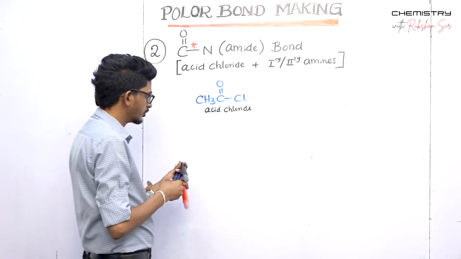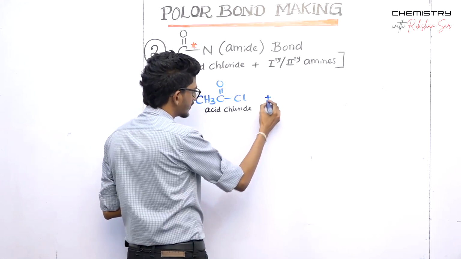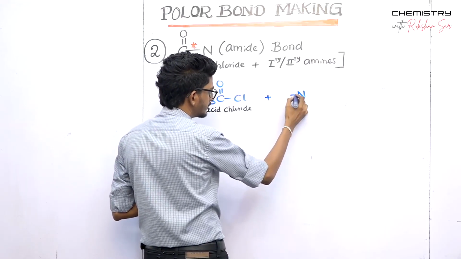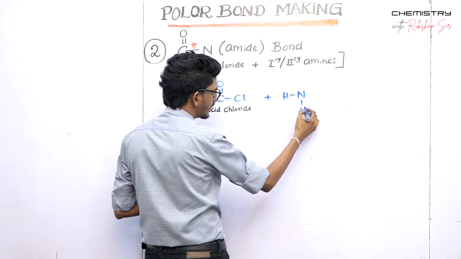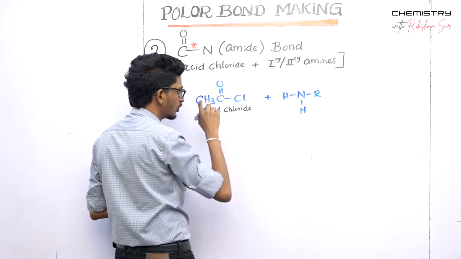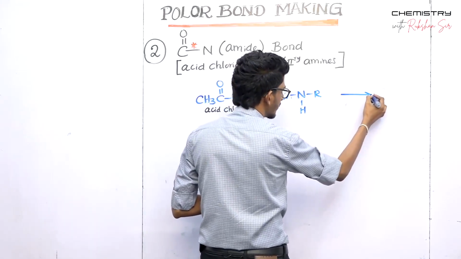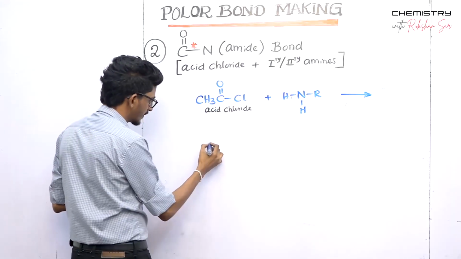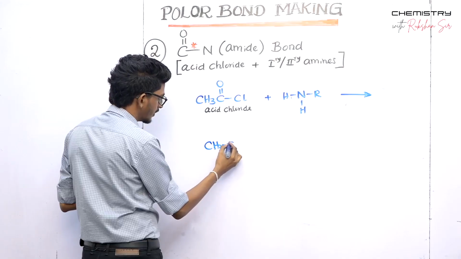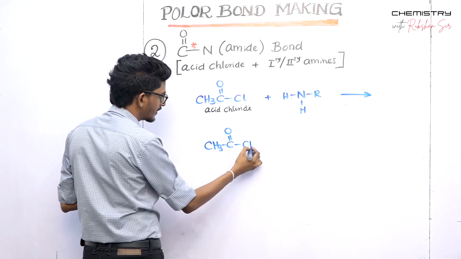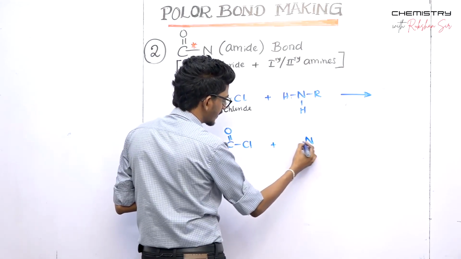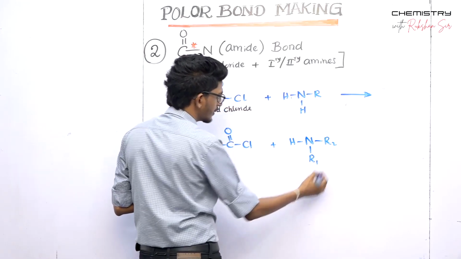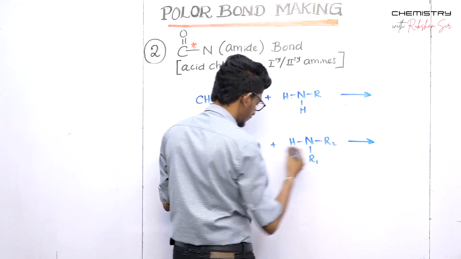So if this acid chloride is to react with some amine, it could be a primary amine with only one R group, or it could be a secondary amine as well. Secondary amine means the nitrogen has only one hydrogen and two R groups, right?